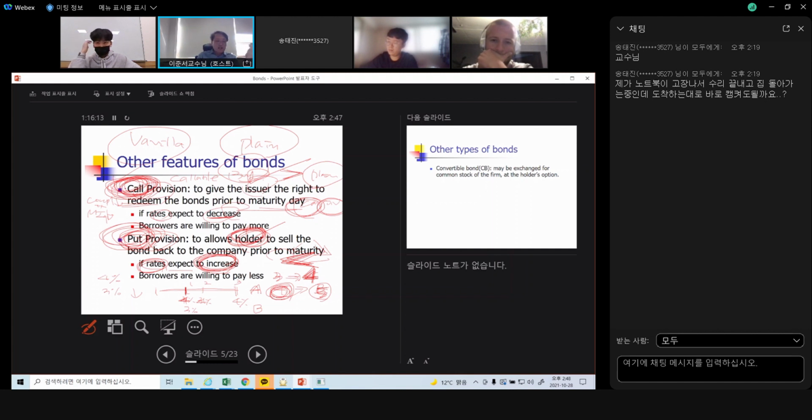Okay, so callable bond and puttable bond are located in opposite ways. The benefiting entity for the callable bond is the issuer. The benefit for the puttable bond goes to the bondholders, right? So the coupon rate of a callable bond is higher than a plain bond. The coupon rate of a puttable bond is lower than a plain bond, right?